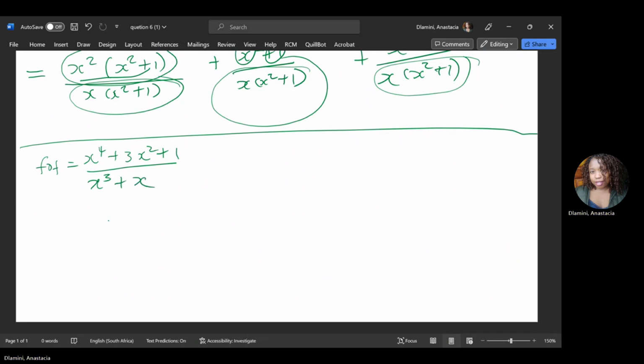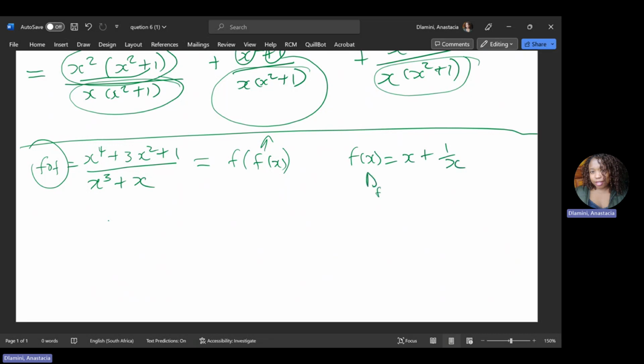Okay, now for us to find the domain of this composite function, first of all, we have to look at two domains. We first have to look at the domain of the inner function. Meaning from here, the inner function is f of x. And we know that our f of x is equal to x plus 1 over x.